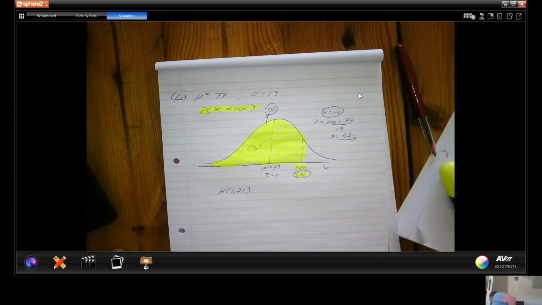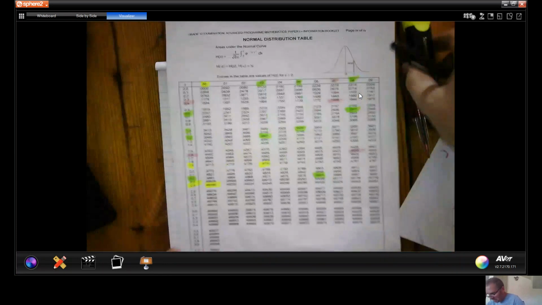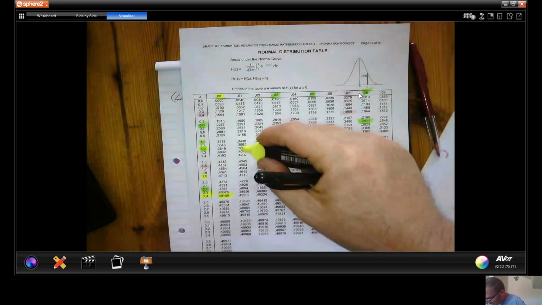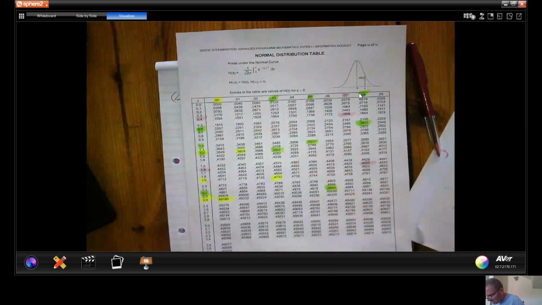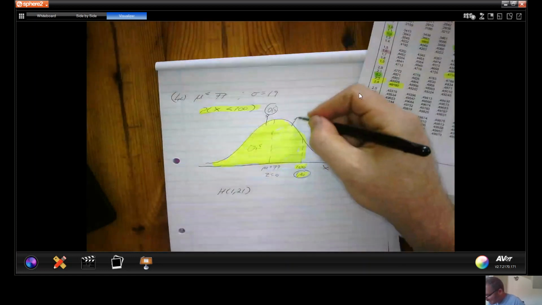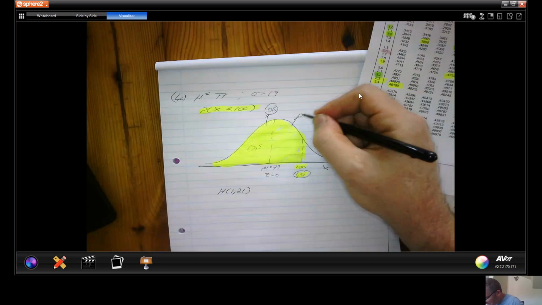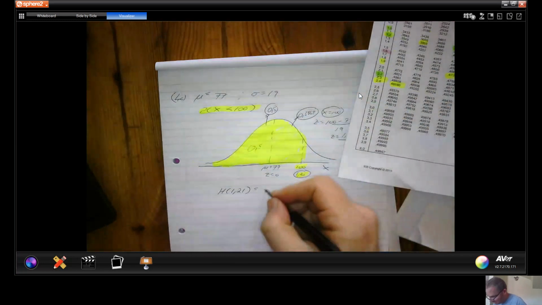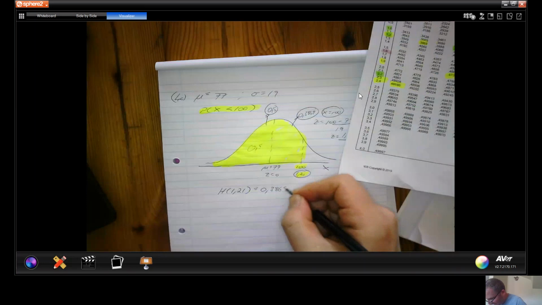Let's just check we've got the right one and didn't make a stupid mistake. 1.21, yeah. So H of 1.21, 1.21 is over here, and this area here is 0.3869.